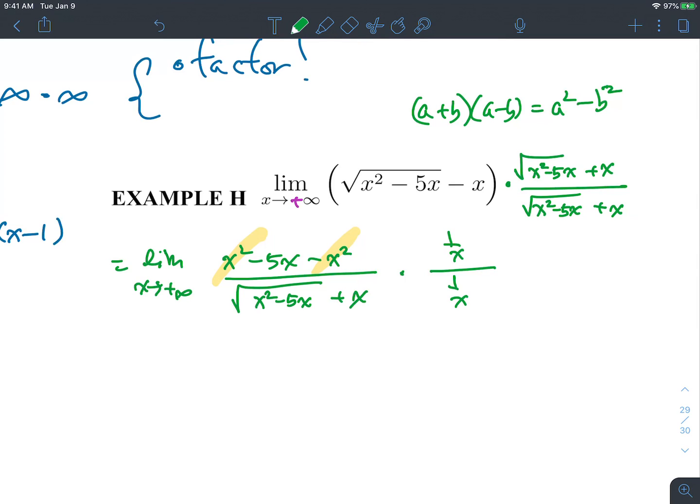Unfortunately for me, this one has a square root, so I'm going to have to express this as the square root of x squared. However, lucky for me, x is going to positive infinity. So if I put a positive value here, the denominator is positive and positive, so this expression is exactly the same.